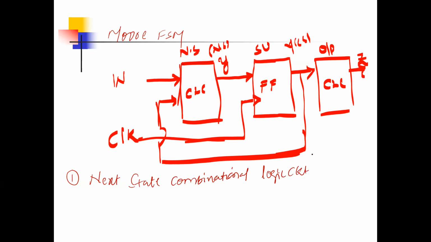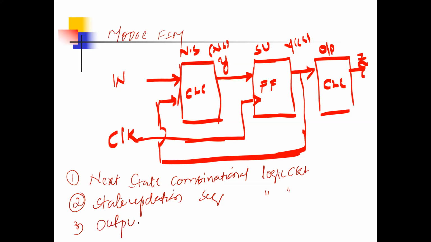The second one is state updation, a sequential logic circuit. And the last one is the output, a combinational logic circuit. So three blocks are there, so we need three procedural blocks.